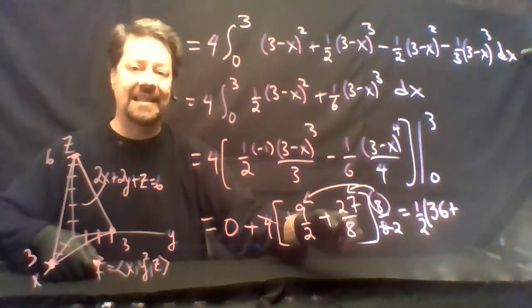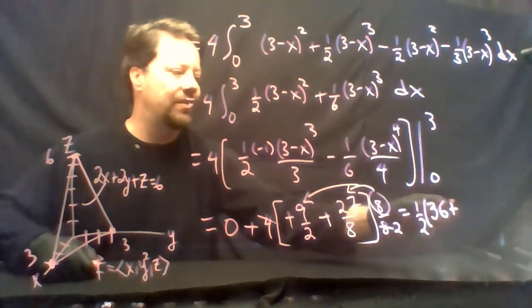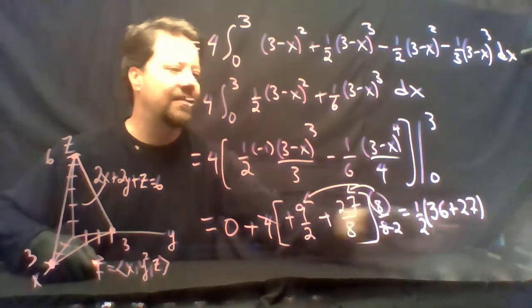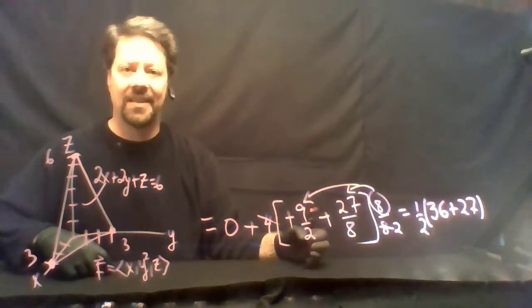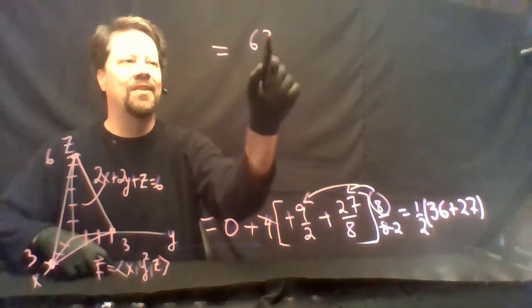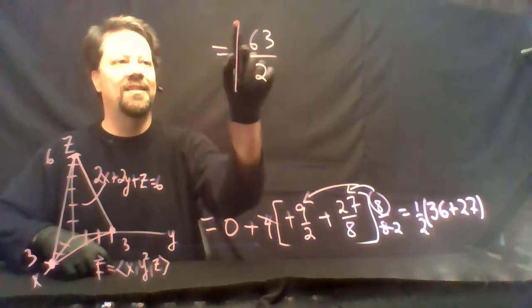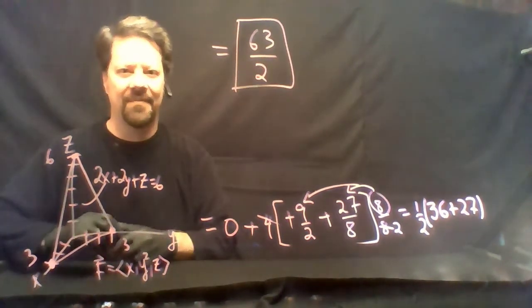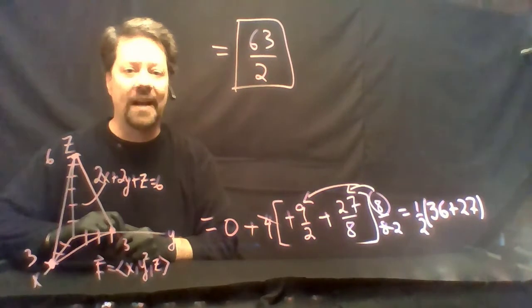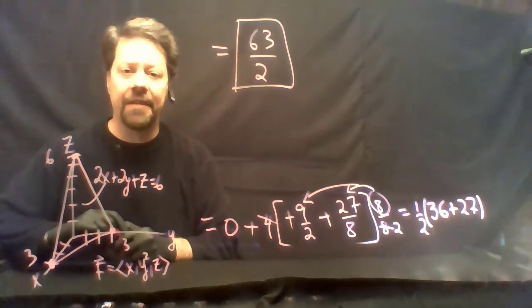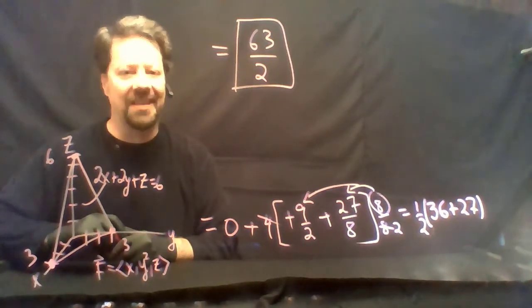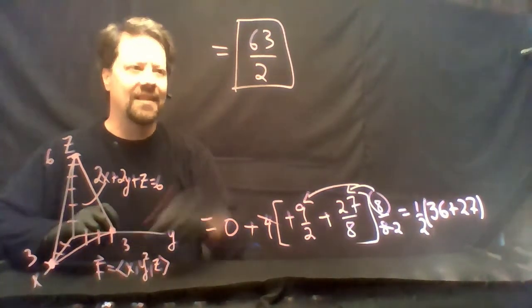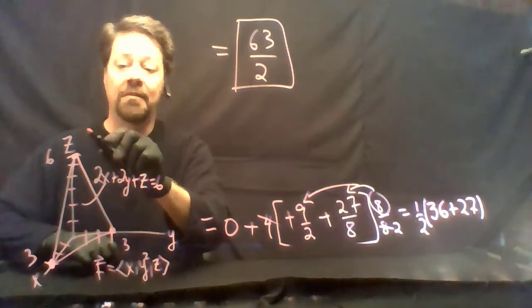And then the 8 cancels on the second fraction, leaving 27. 36 and 27 make 63. The total flux is 63 halves. Now this was only the right-hand side. To verify the divergence theorem, we also need to calculate the surface integral on the left-hand side. Let's store this as a value for future reference.